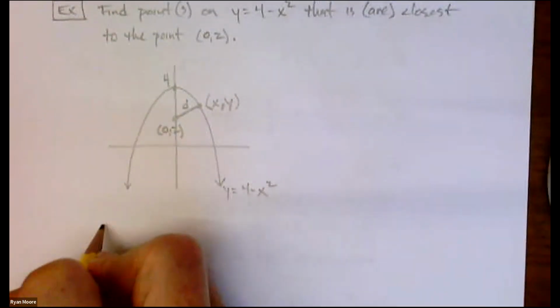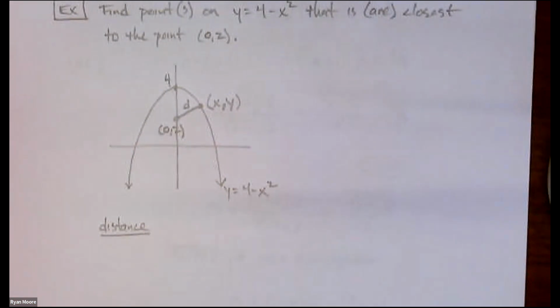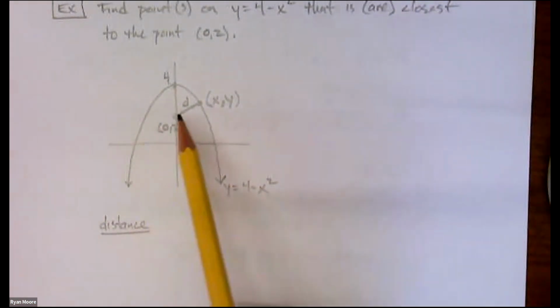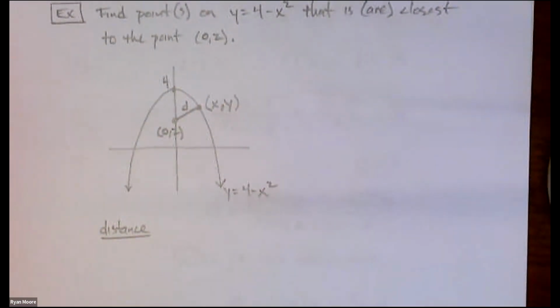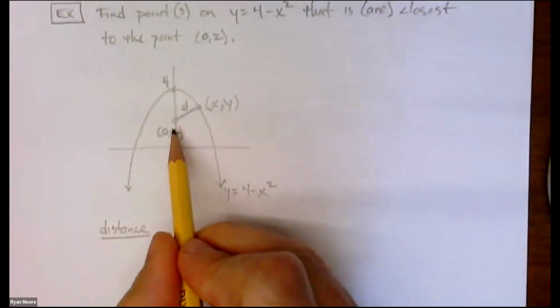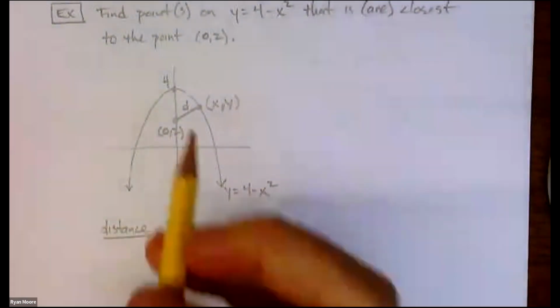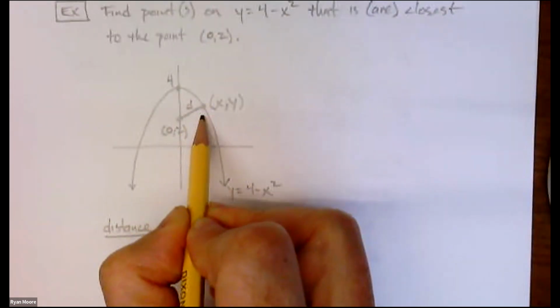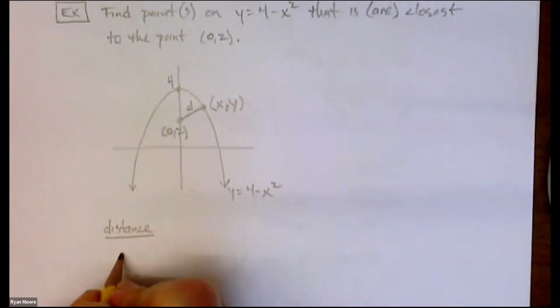So let's begin with that distance. Since this is what we're trying to minimize, can we describe that distance with an equation? Yes, you might remember the distance formula, the distance between 2 points. If you do, go right for it. It's based on the Pythagorean theorem. If you were to create a little triangle here, here's how it goes.